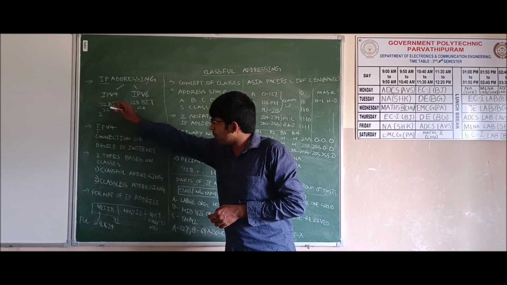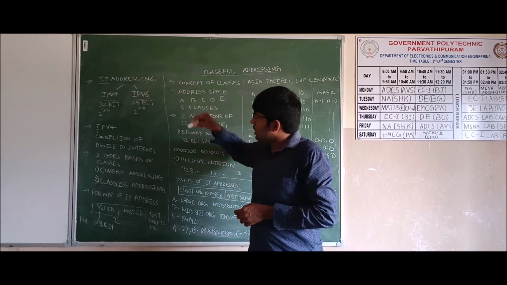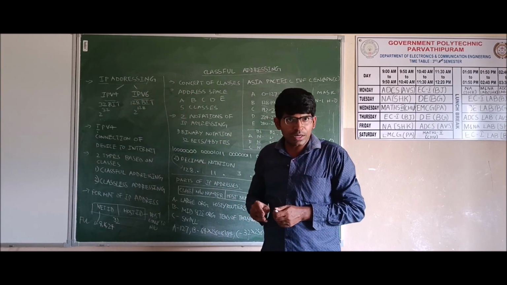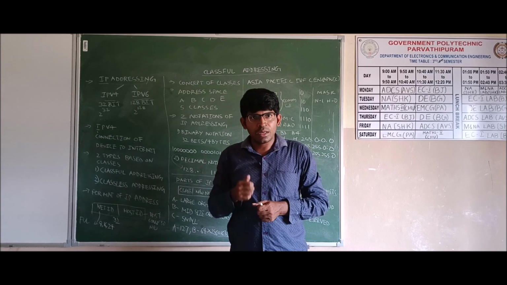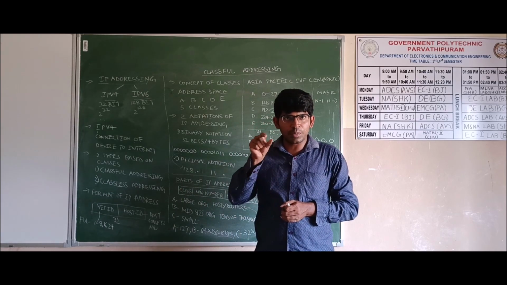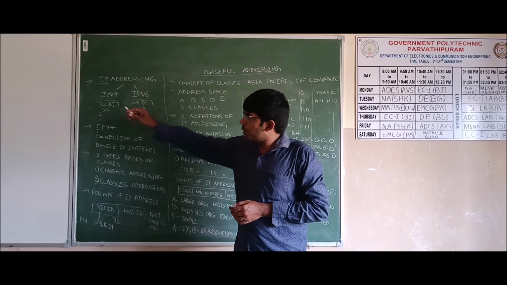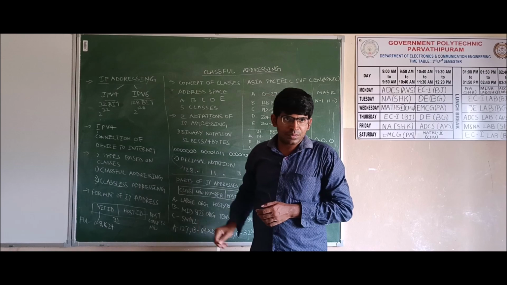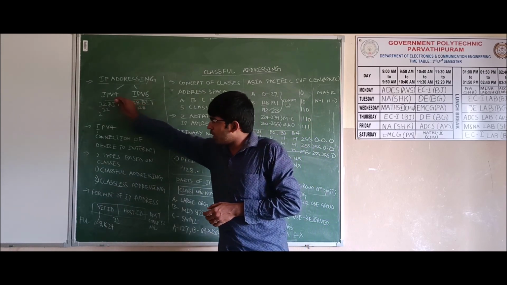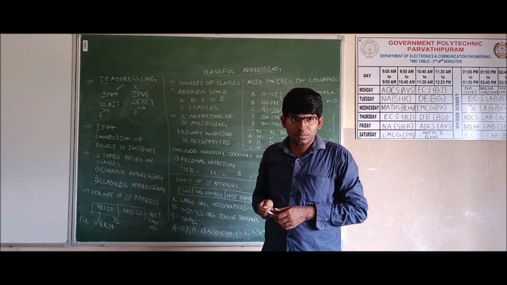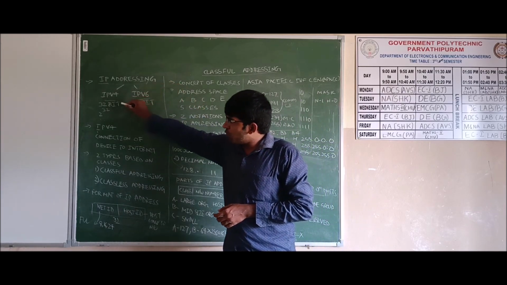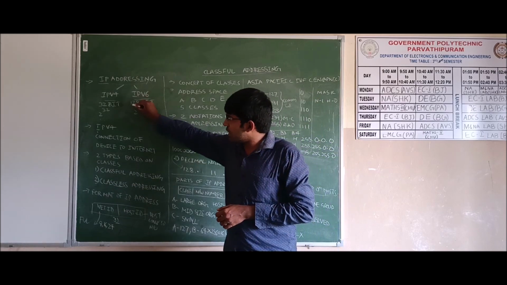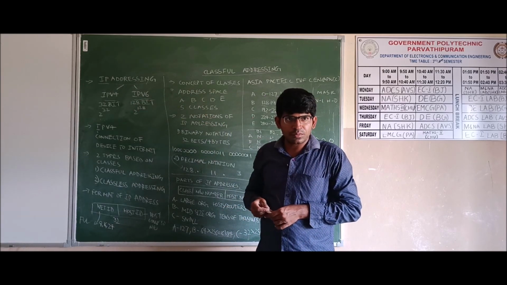Now here we see there are two versions of internet protocol addresses. Generally we observe even on our computer, when we set up the IP address, this may be IPv4 or IPv6, Internet Protocol version 4 or Internet Protocol version 6. IPv4 is a 32-bit address and IPv6 is a 128-bit address.